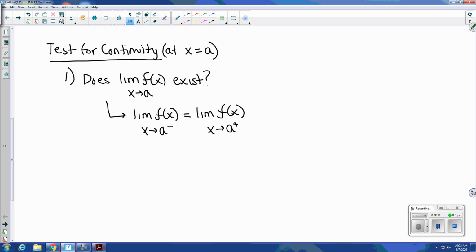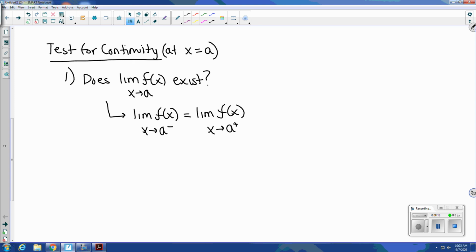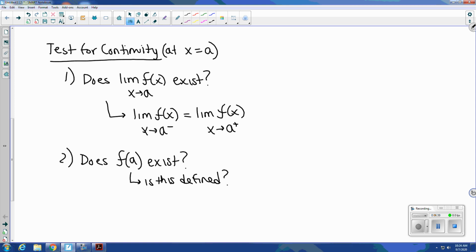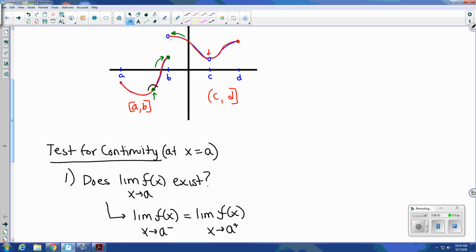The second thing is we want to test to see if the function output exists. So does f of a exist? This is asking, when I plug in a to our function, do we get a defined answer? So is this defined? Now going back to our example, at this green point here, we can see that the function's defined there.